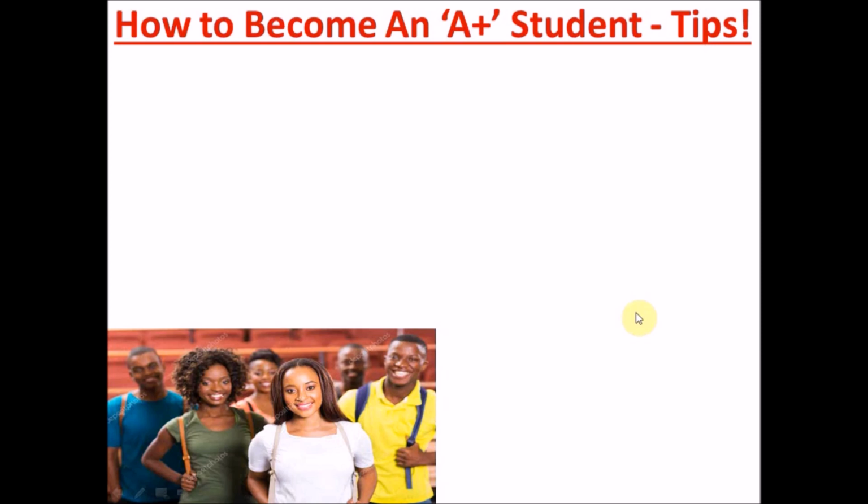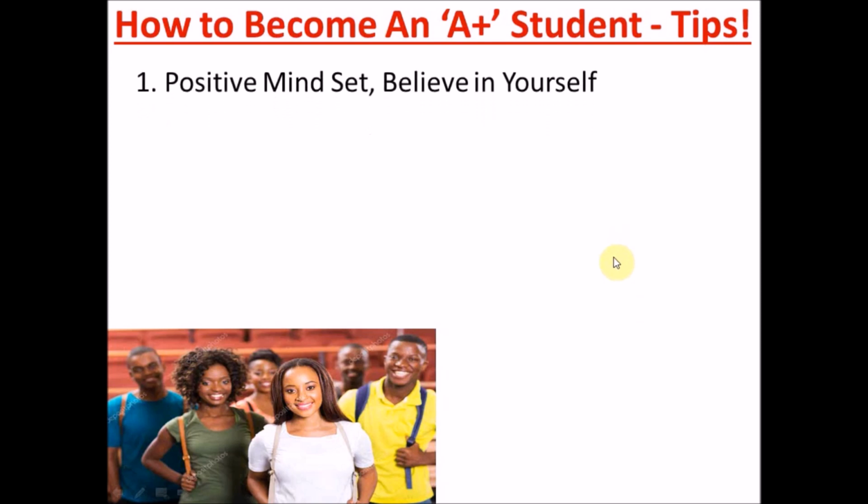So what's the first step you need to become an A student? The first step is you have to first of all change your mindset. Don't look down on yourself. You need to believe in yourself. You need to change every negative mindset that you've had in the past. And I know that some mindsets might not really be self-induced.